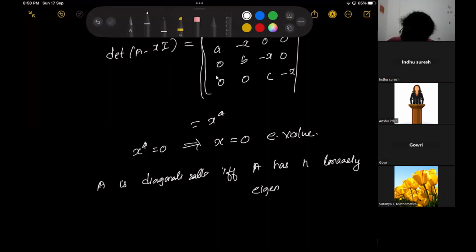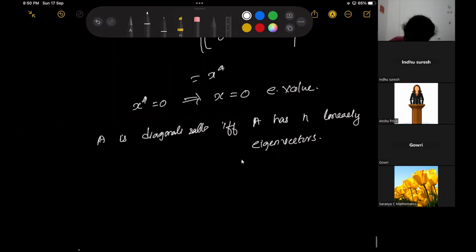Here we have only one eigenvalue, so whatever eigenvectors we have correspond to the eigenvalue 0.